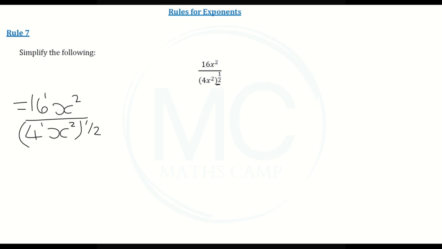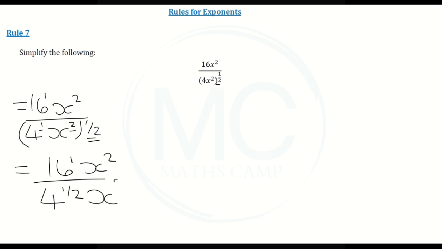Now the rule is that we multiply the exponents. So our numerator is 16 to the power of 1 x squared. 1 over 2 multiplied by 1 is 1 over 2. So we get 4 to the power of 1 over 2. 2 multiplied by 1 over 2 is 2 over 2. So we get x to the power of 2 over 2.